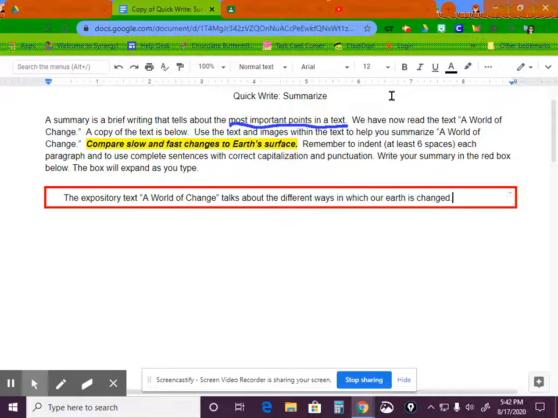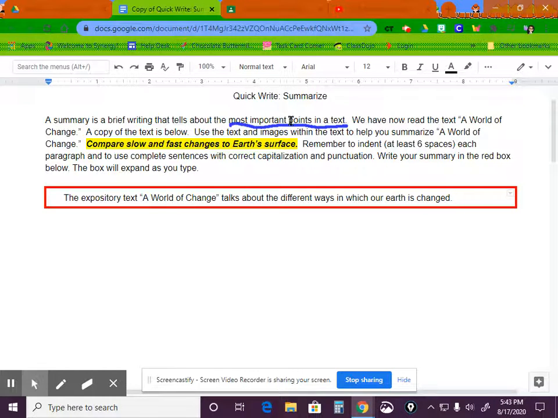Every time I use a punctuation mark, I want to make sure to use a space. That's very important, just like spacing a word. So now I have a good topic sentence. The expository text, A World of Change, talks about the different ways in which our Earth is changed.